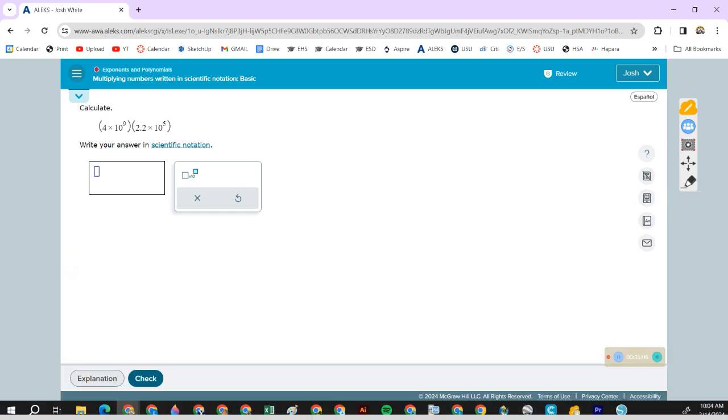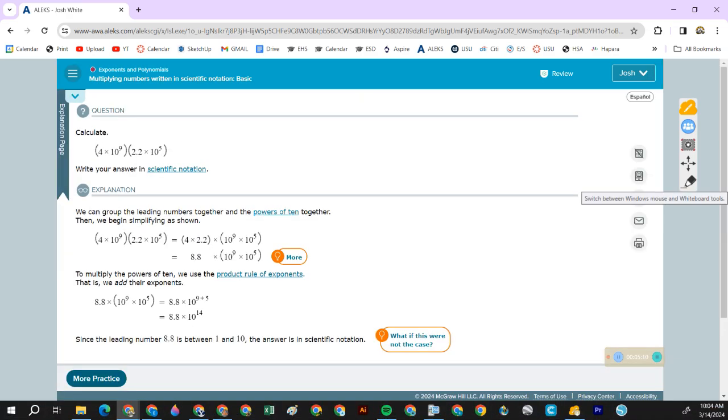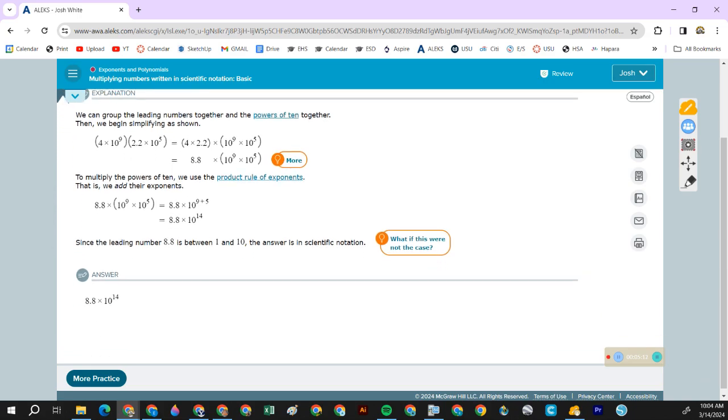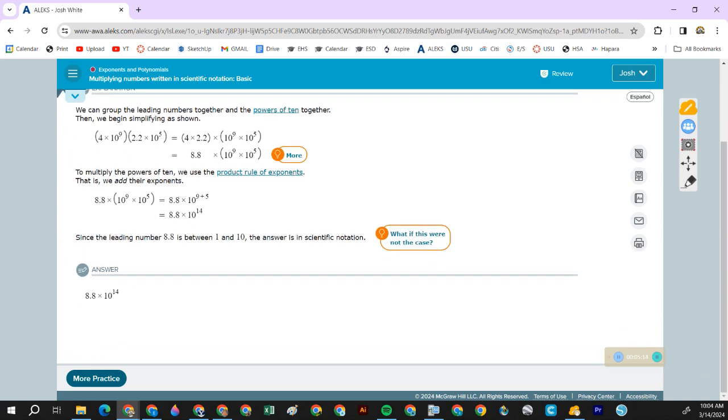Okay. How do we multiply in scientific notation? So this will give a good explanation of how to do it. I know that A times B times C times D is the same thing as if I scramble those letters.